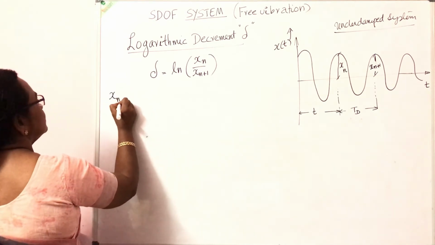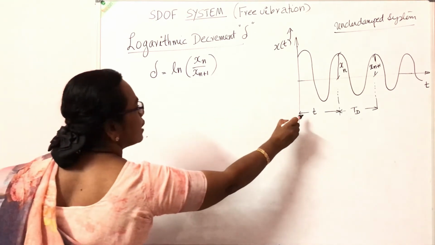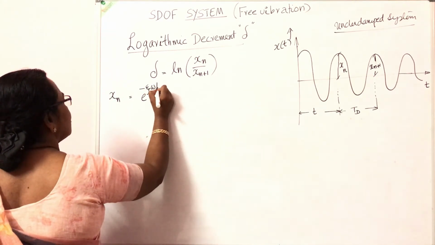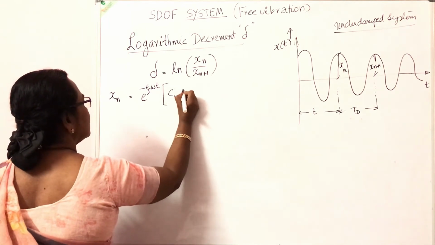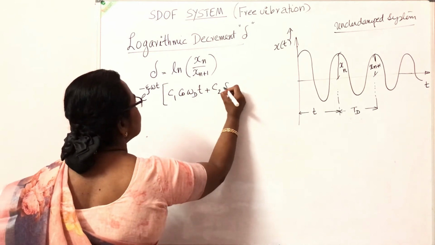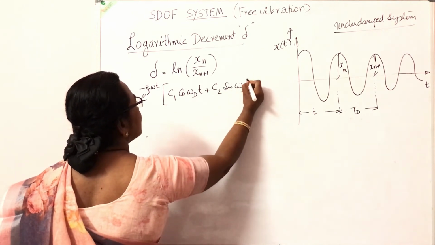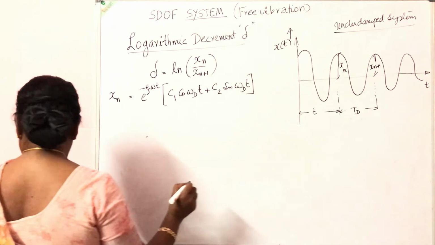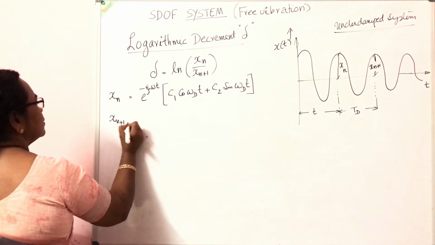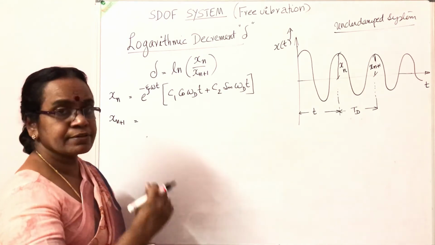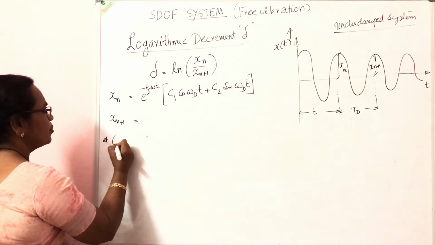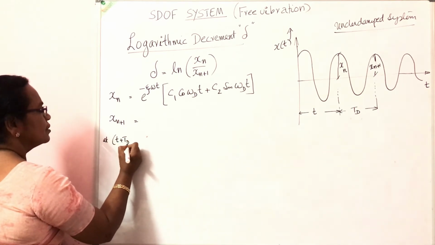x n is the displacement at time t. So it is equal to, as we have just derived, e raised to minus psi omega t into c1 cos omega d t plus c2 sin omega d t. Now x n plus 1. What is x n plus 1? x n plus 1 is the amplitude at what time now? At t plus t d.